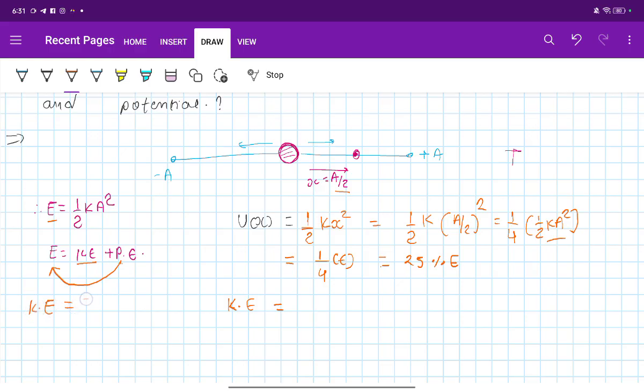So it is actually E minus U. Here E is the total energy and the potential energy is 1 by 4 E. So that gives us 3 by 4 E. That is 75% of the total energy. That is the answer. Understood? Very good.